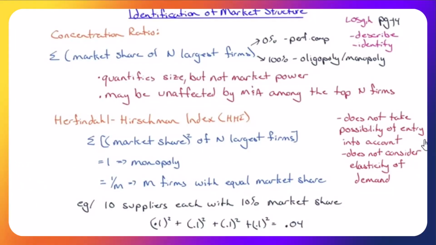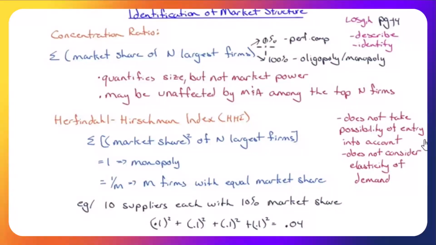So let's do LOS G. Describe the use and limitations of concentration measures in identifying market structure, and we'll look at a concentration ratio and the HHI, the Herfindahl-Hirschman index. So the concentration ratio is really just the sum of the market share of the n largest firms. So if you say, well, give me the 5 largest firms in this industry, what's the concentration ratio? And that'll range somewhere between 0 and 100%.